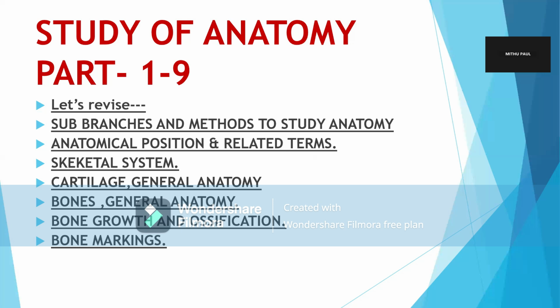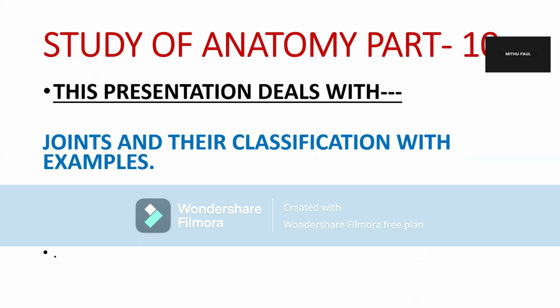Confirm each of the examples with your feelings, vision, knowledge. Thus, it will be impinged onto your memory. In this presentation, we will deal with the joints and the classification with examples.